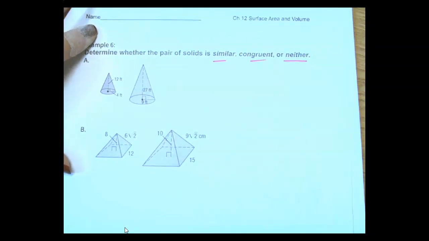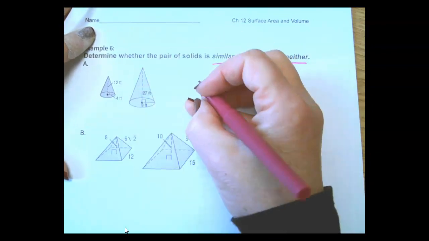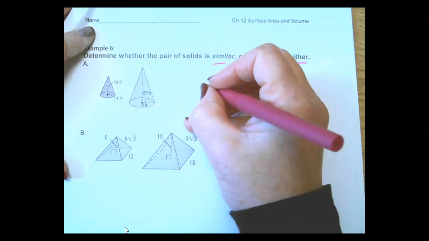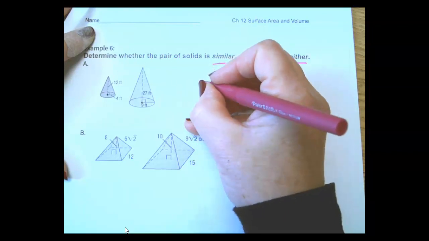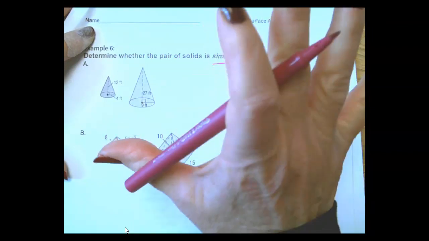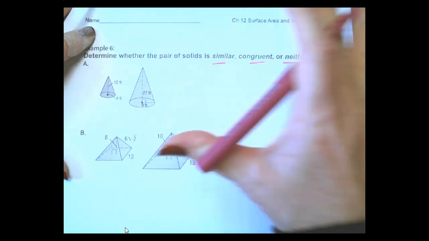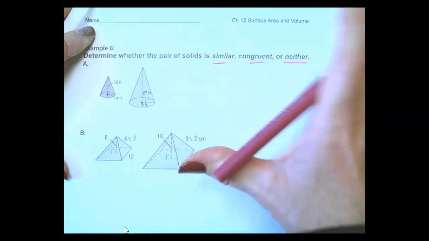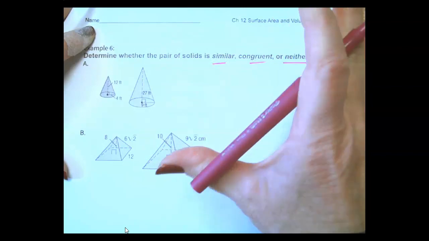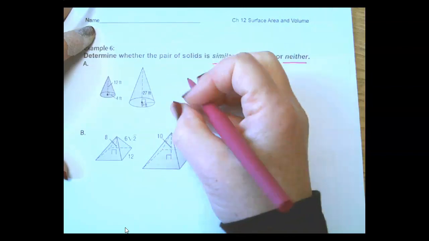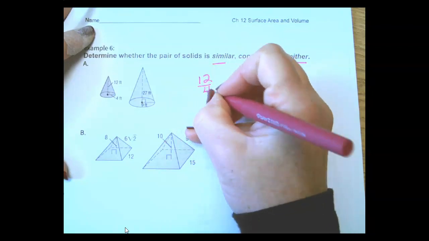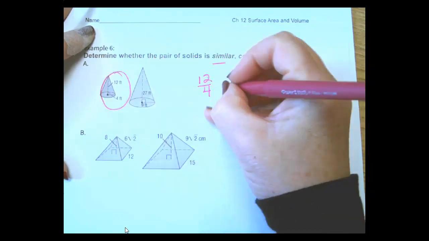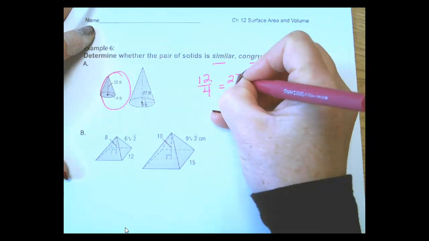So just set up your ratio. Here you can just set up a regular ratio. I could square it, I could do whatever, but I'm not trying to find volumes and I'm not trying to find surface areas. I'm just trying to see if they are similar, congruent, or neither. So I'm going to set 12 to 4, because I just did this ratio, equal to 27 over 9.